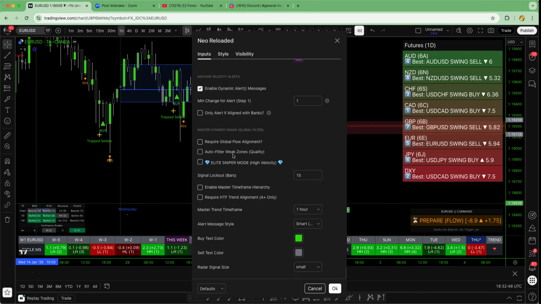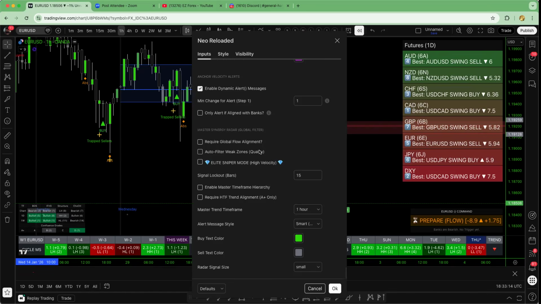Boom. Auto filter weak zone. So now you can make sure that it doesn't give you any weak zone signals. Basically, I consider anything lower than the 1 hour chart weak. It will only give you medium or strong signals there. Do you understand? So you can combine these. It will only give you medium or strong signal alerts based on the zones, because obviously the stronger the zone, the higher the probability that it will hold and it won't just break that zone.